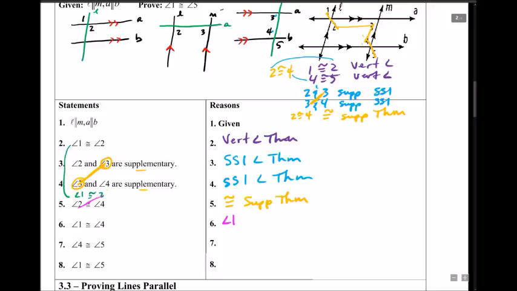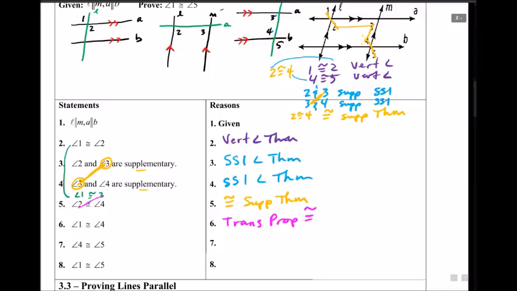So that is the transitive property of congruence, right? All right, so now how do I get from 4 to 5?